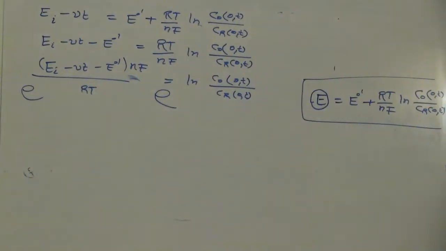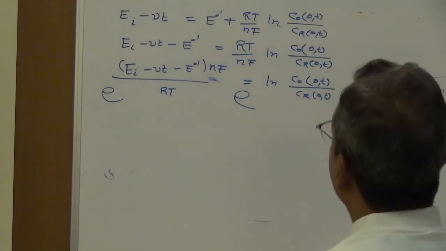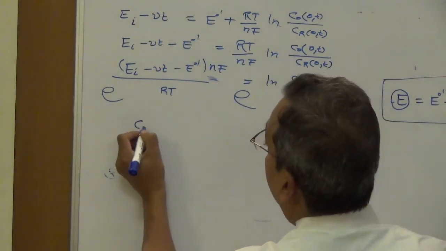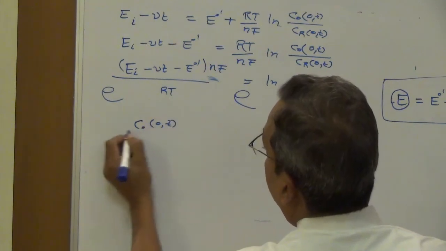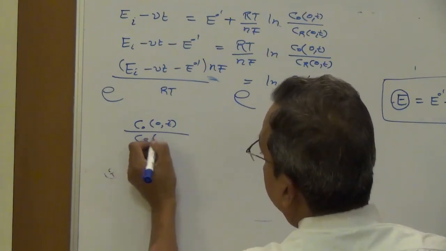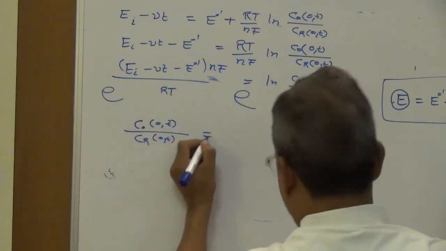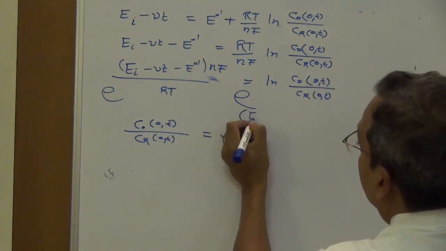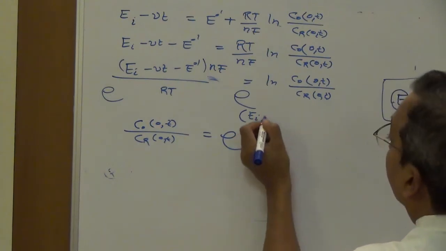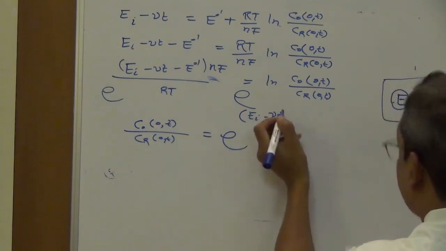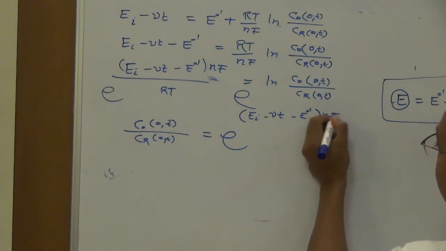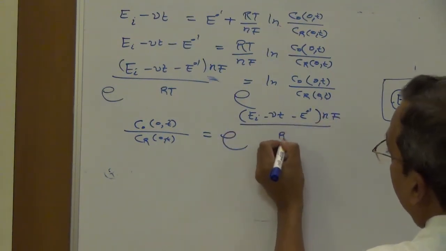What I get is C_O(0,t) upon C_R(0,t) is equal to e raised to Ei minus nu t minus E0 dash into nF upon RT.